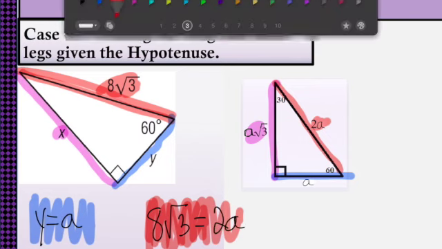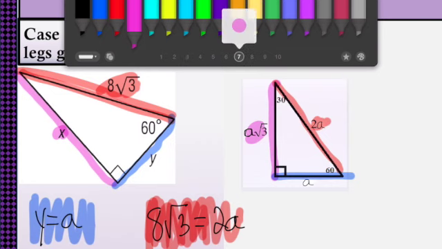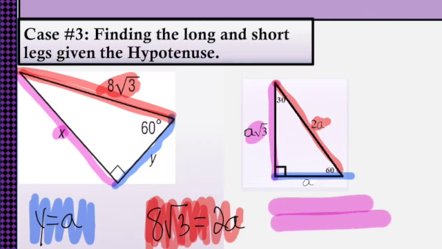And then in the last one, we've got x equals a radical 3.